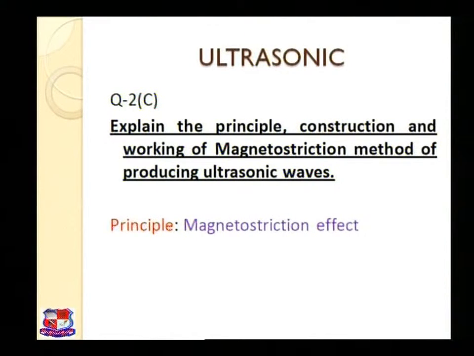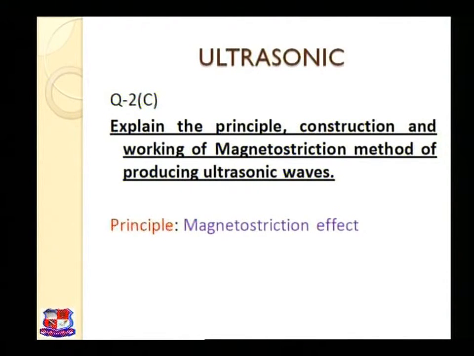The magnetostriction method is one of the methods through which you can produce ultrasonic waves. It works on the principle of the magnetostriction effect. First of all, in this question, you should write the principle, that is the magnetostriction effect.